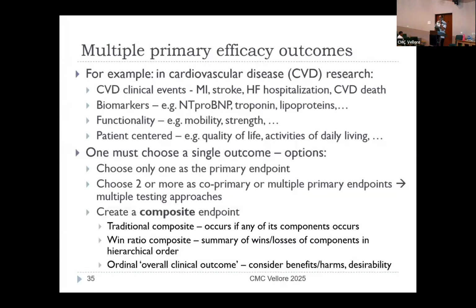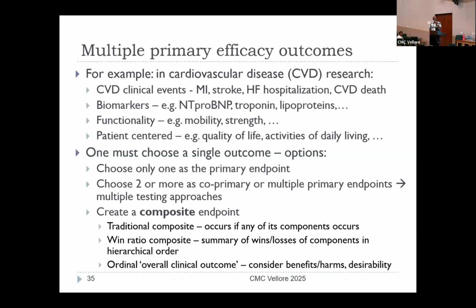So most of the time, we say that for a particular condition, you're forcing me to choose a primary outcome for sample size and for judging the efficacy, but there are multiple things that could be used that are reflective of the efficacy of the intervention for this condition.